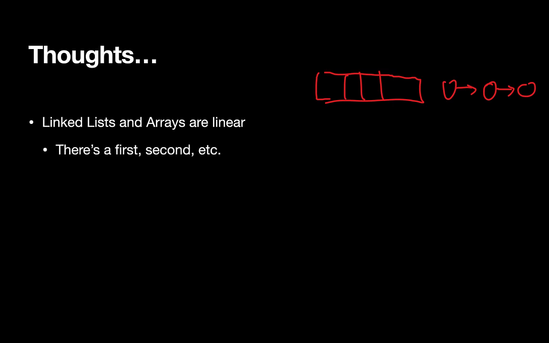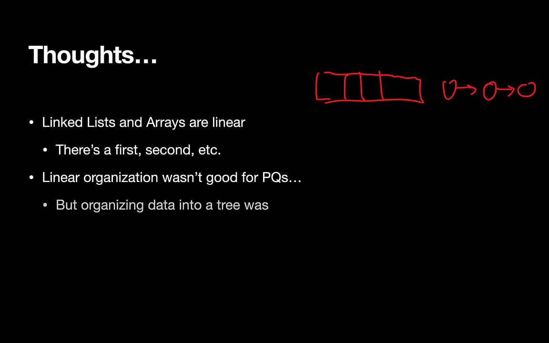Okay. Back when we were looking at priority queues, we observed that this linear organization wasn't that great for priority queues. So we started off with various types of linear organizations of the data based on priority. But then we reorganized it into a tree. And we found out that that actually had some advantages, particularly for removing the minimum item.